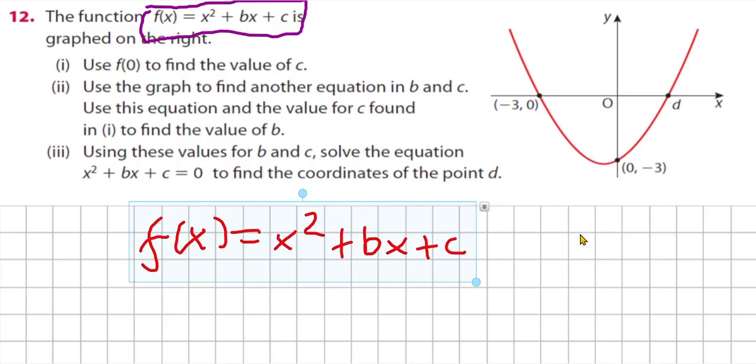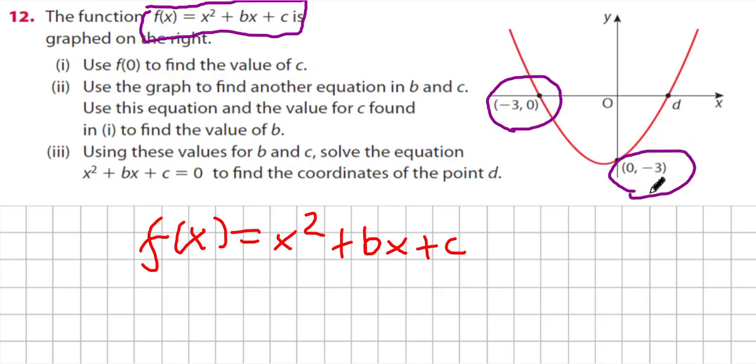So there's 2 points that we're very aware of here, isn't there? There's the minus 3, 0, and what's the other one? Okay, your choice. Which one do you want to start off with? 0, minus 3 is a good one to start off with. Input of 0, output of minus 3.